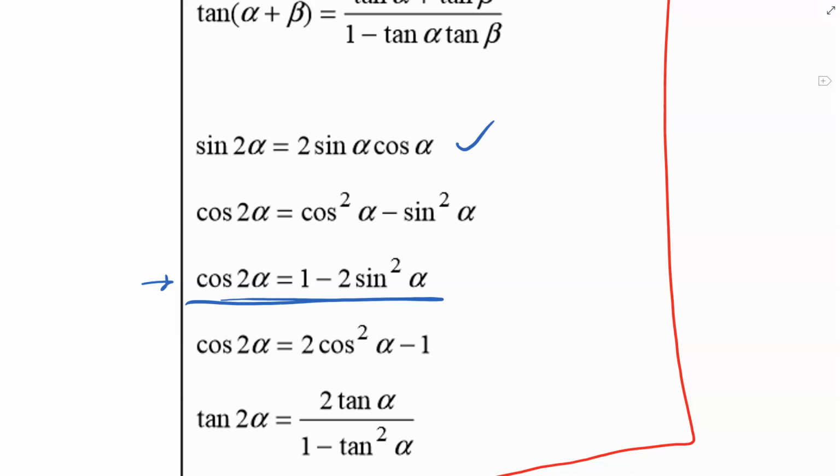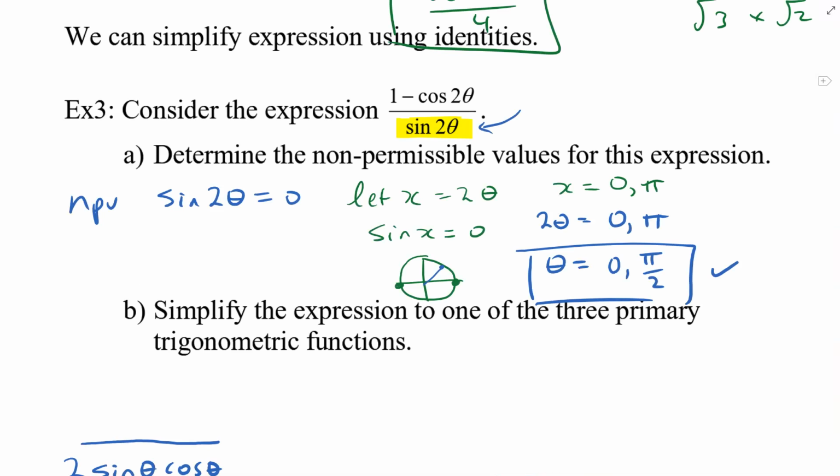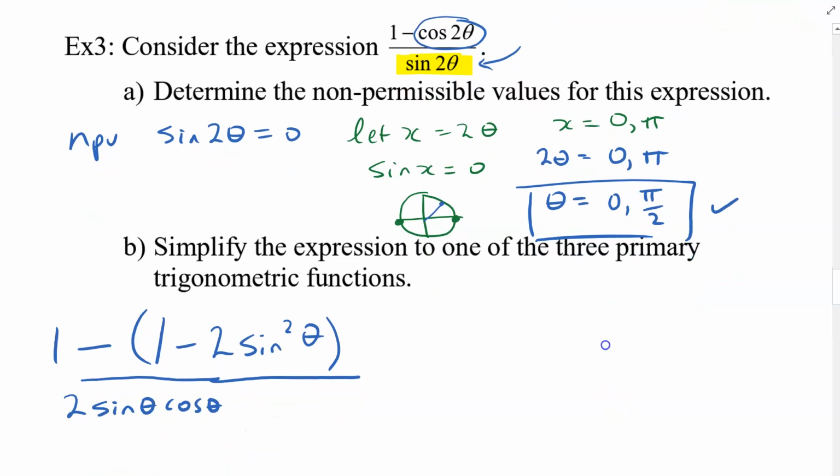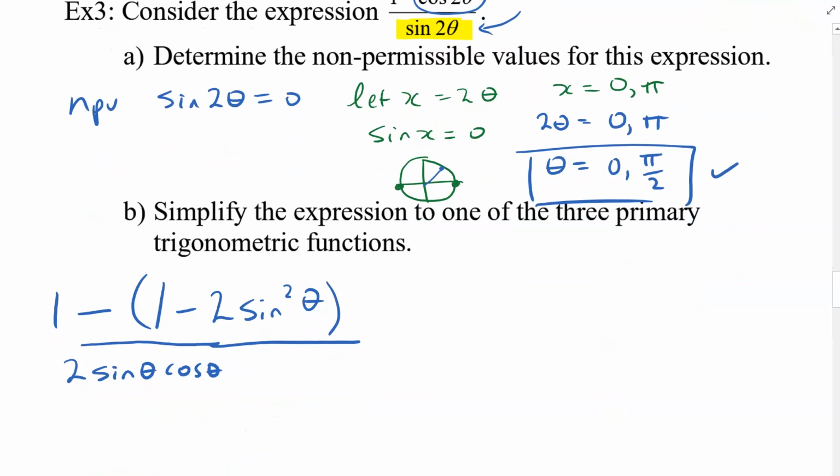So 1 minus 2 sine squared theta. On the top, I'm going to say 1 minus, and then I have to do the substitution here. I'll put in parentheses 1 minus 2 sine squared theta. Before we do any simplifying, I think we should remove the brackets and remember that there is a negative sign out front that needs to be distributed.